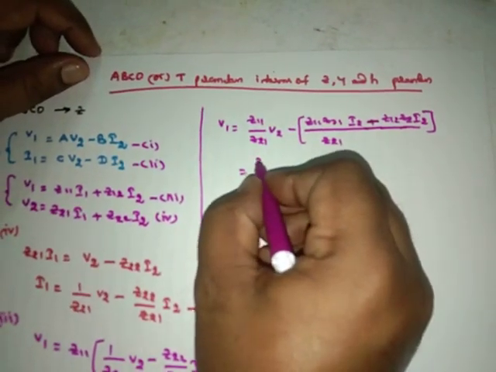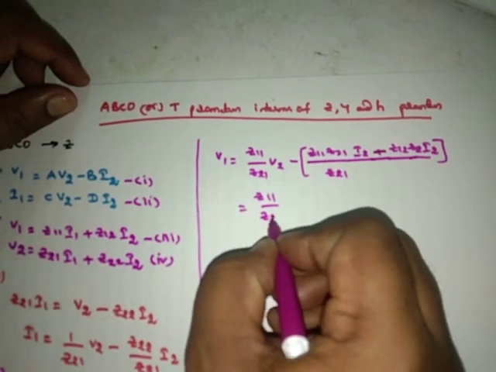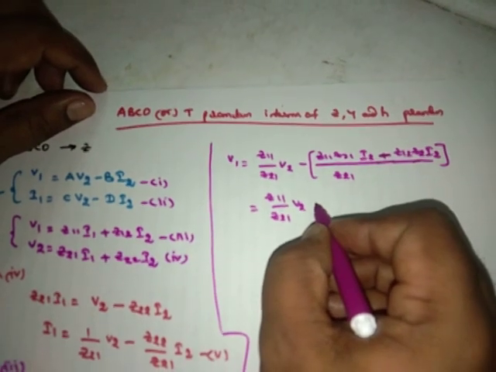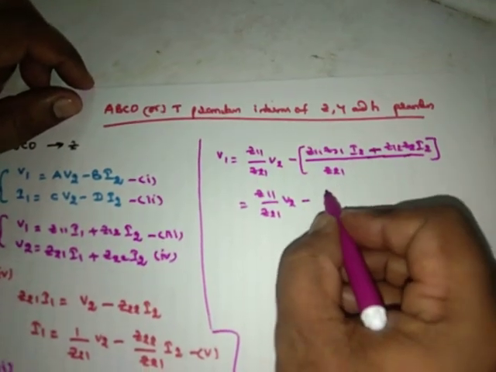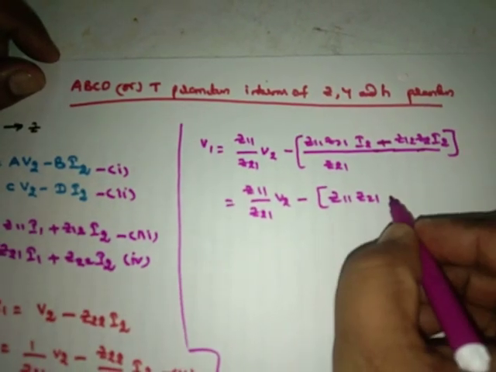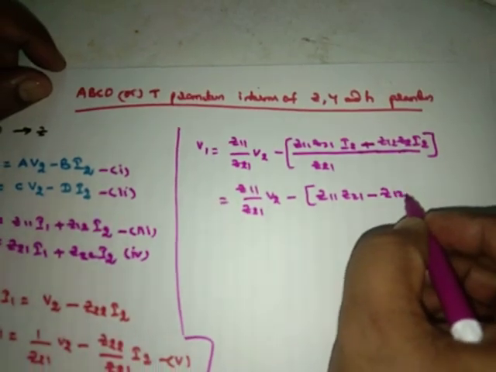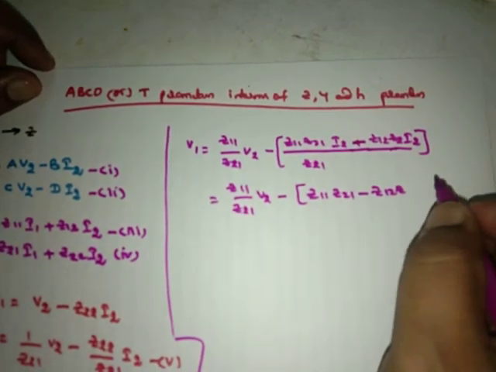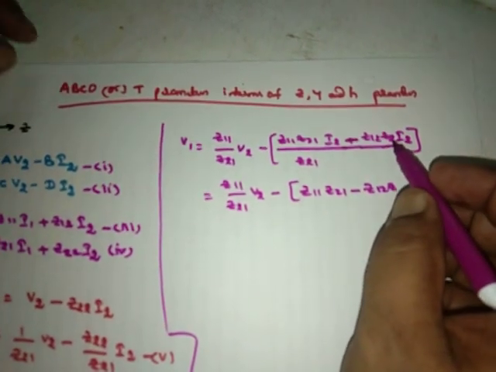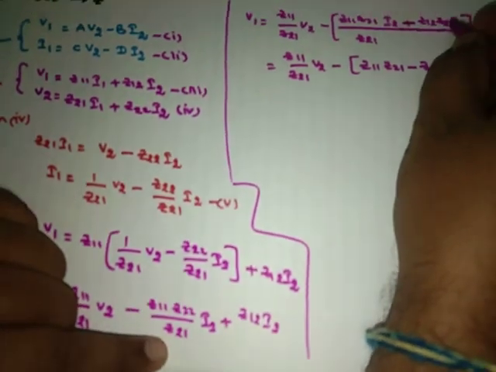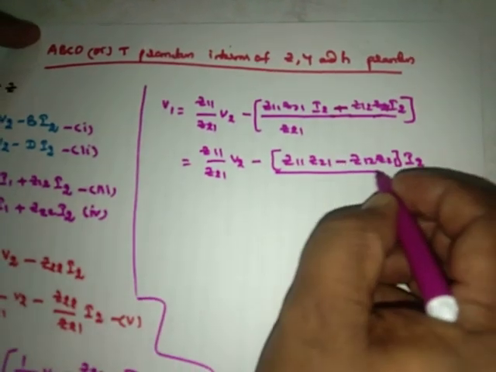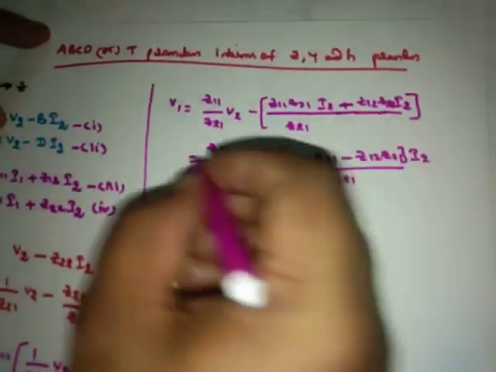Again simplify: Z11 by Z21 V2 minus Z11 Z22 minus Z12 Z21, into I2, by Z21.